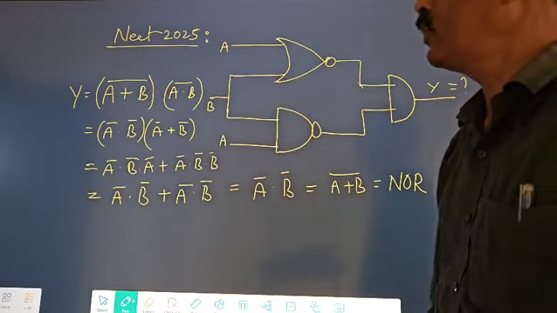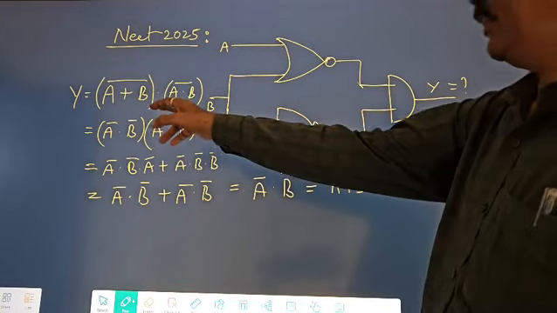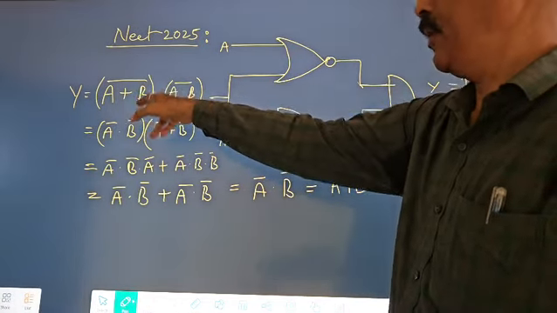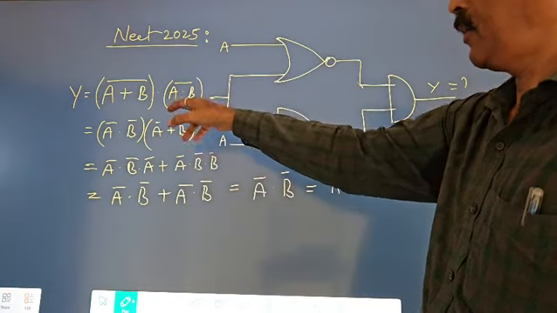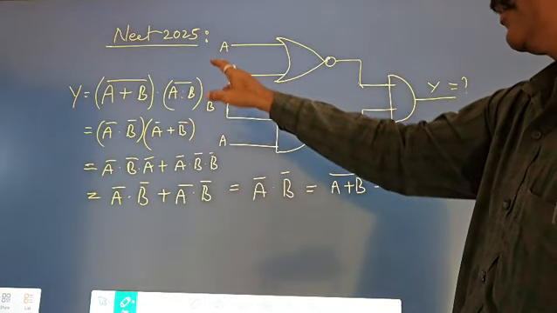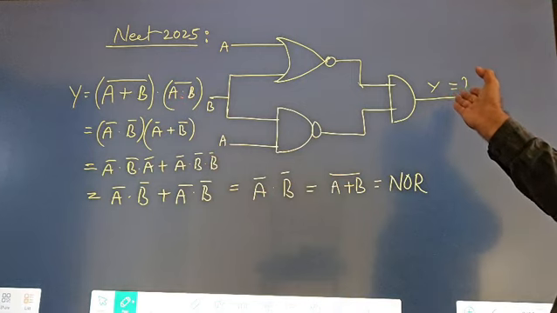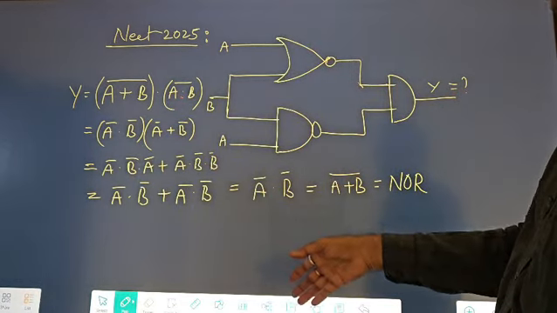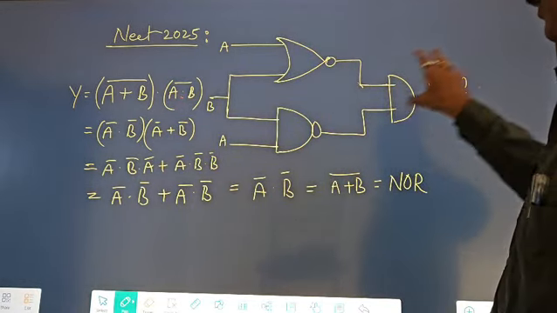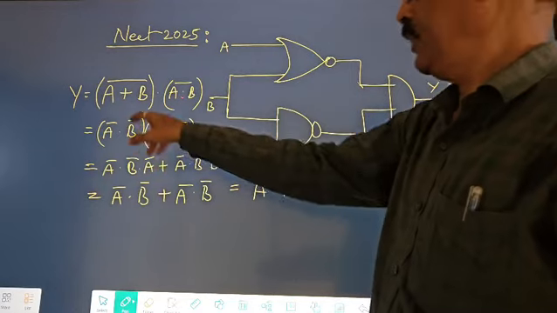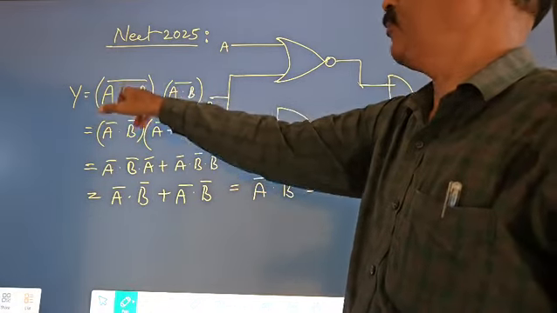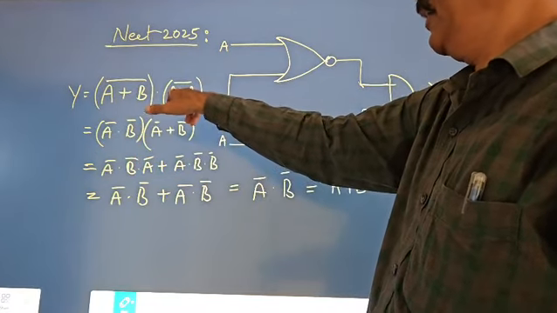Next, NEET 2025. So Y is equal to (A plus B bar) dot (A bar) dot (A dot B bar). What is the output they asked? So this is the diode circuit they given. They asked the output. See, according to De Morgan laws, A plus B bar is A bar dot B bar.